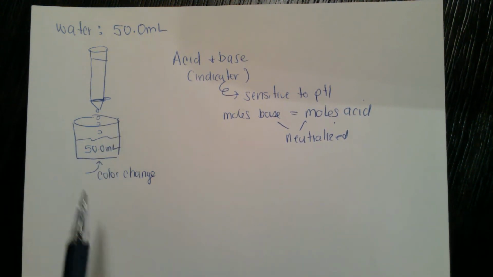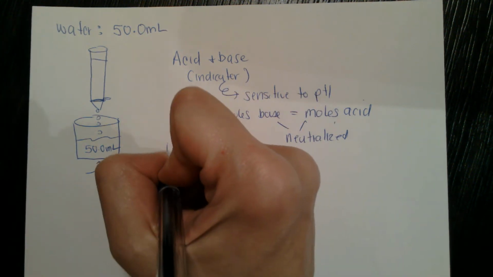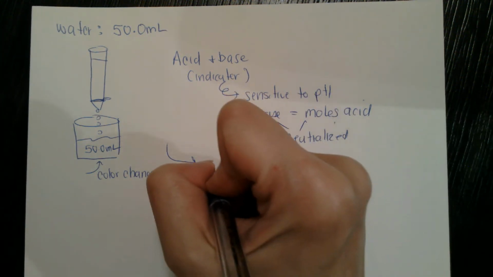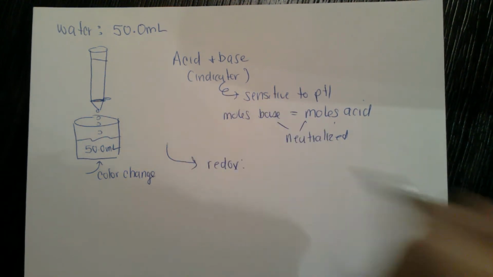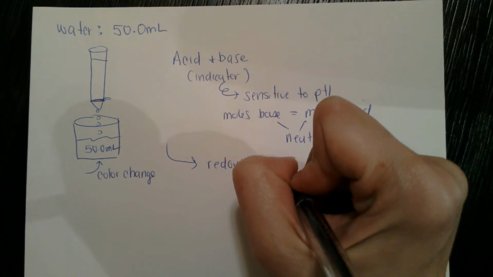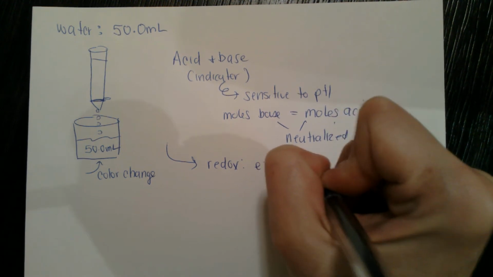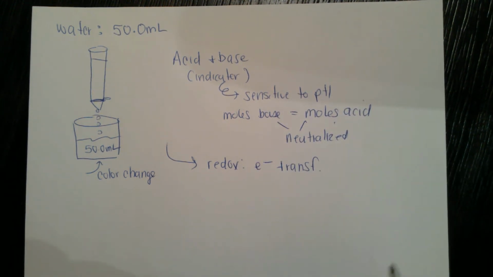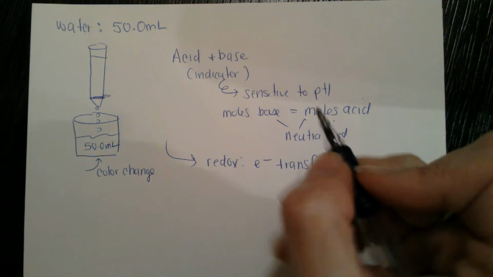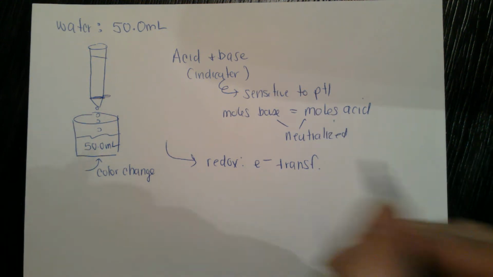So what we're seeing in this one with our water sample is a redox reaction. In a redox reaction, we are dealing with electrons transferred. Electrons are being transferred between species, our oxidized species and our reduced species.